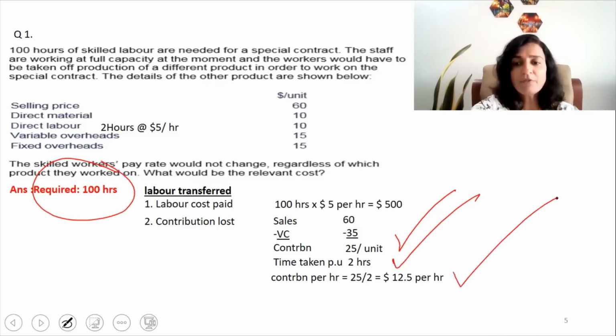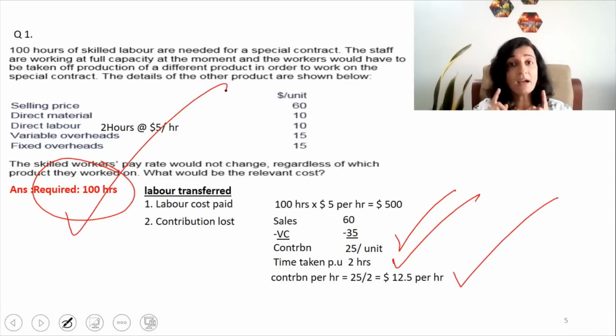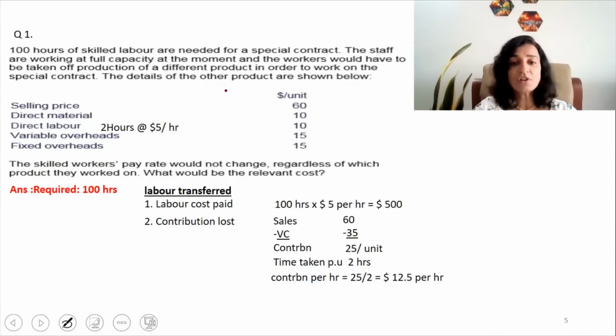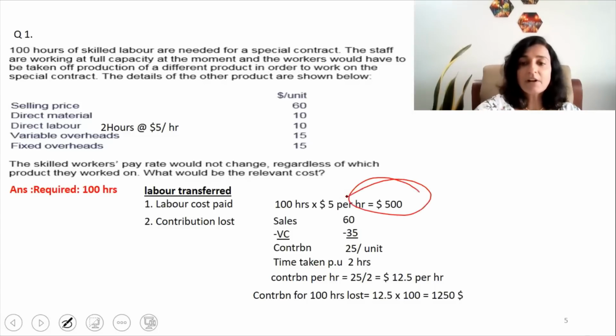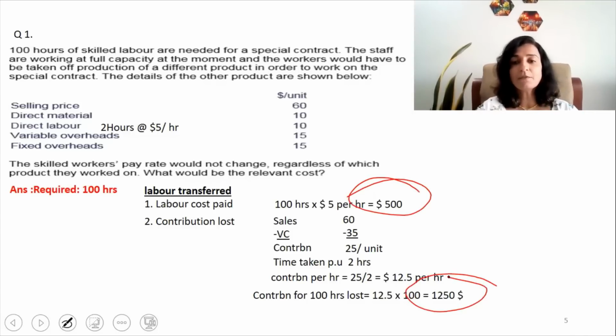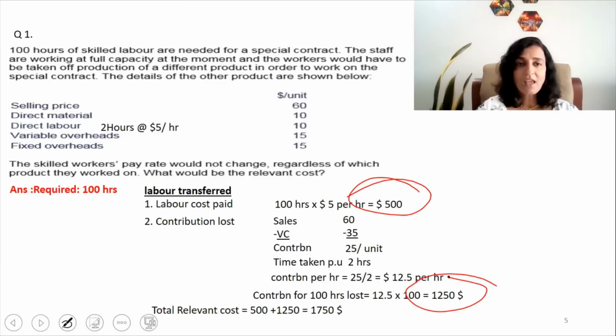It is 12.5 multiplied by 100 or $1,250. So the total relevant cost is 500 plus 1,250 or $1,750. So this was the only tricky question in direct labor.